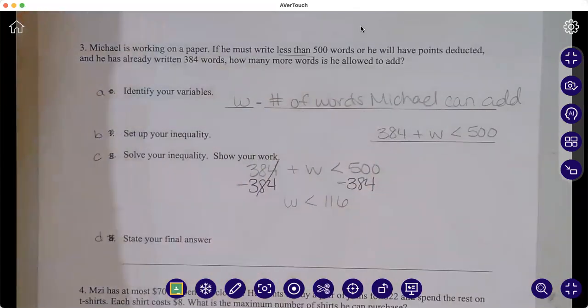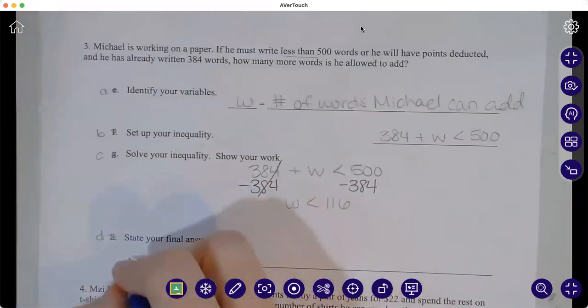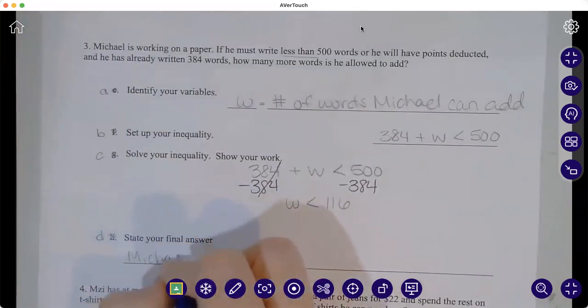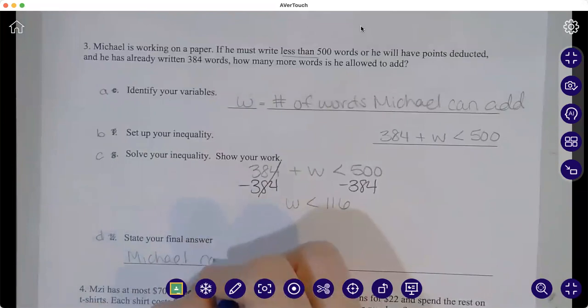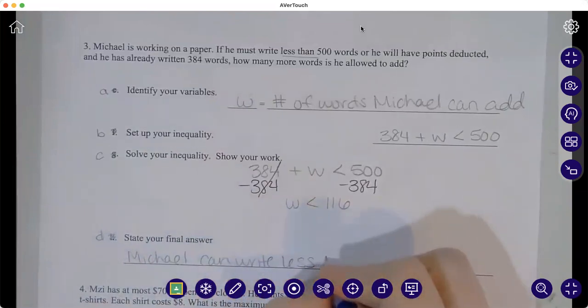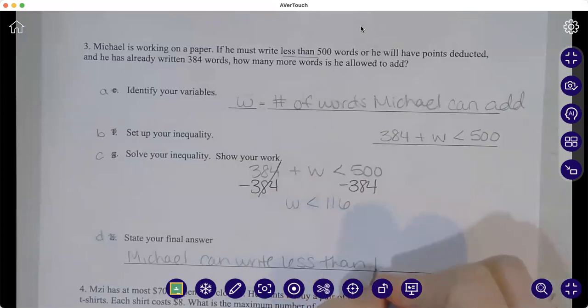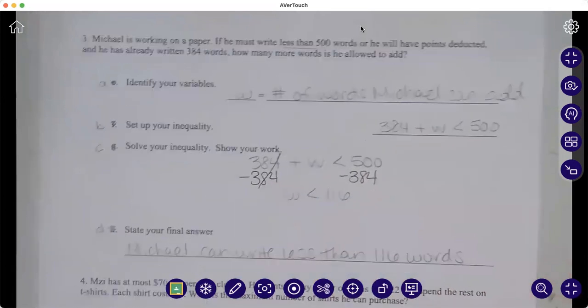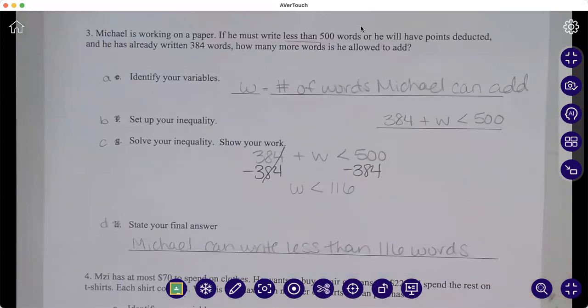So one way of stating your final answer is that Michael can write less than 116 words. Okay, Michael can write less than 116 words.